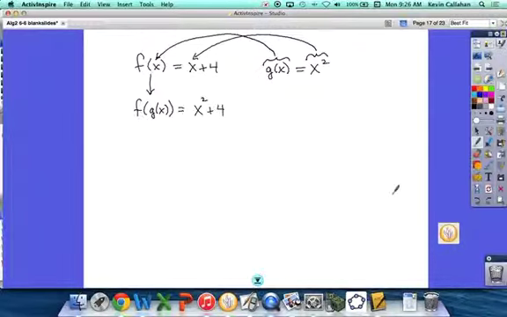It's not the same. Which tells you that the order that you do a composition matters. Which means the commutative property does not hold for doing compositions of functions. The order matters. Good with that?